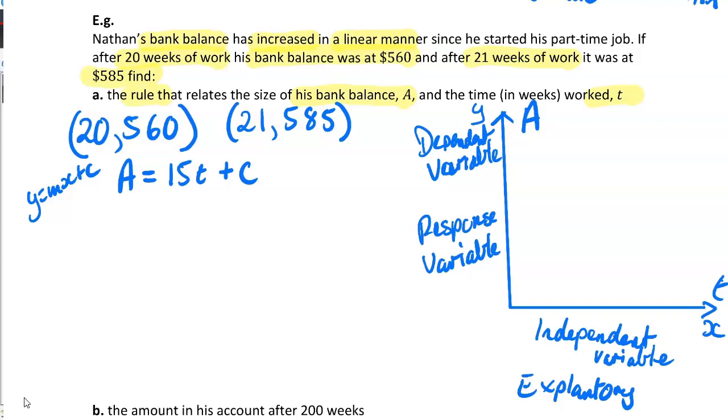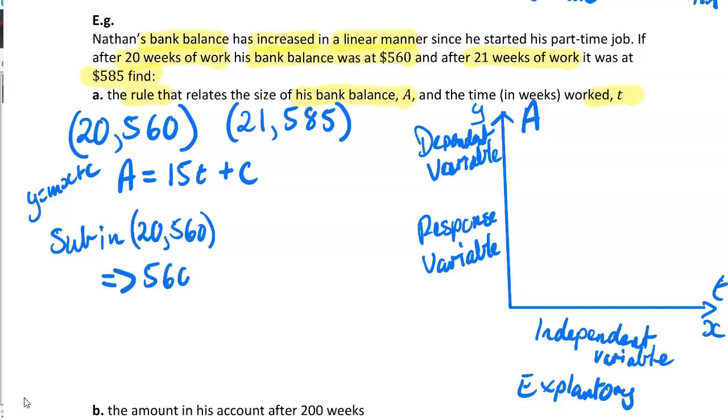So, how do we figure out what that bank balance is at the start? We substitute in one of these coordinate points. Let's substitute that one in. It's got nice round numbers. So subbing 560. I'm going to run out of room.